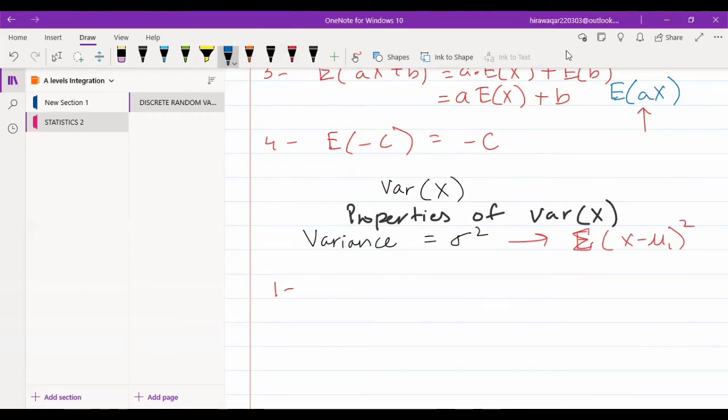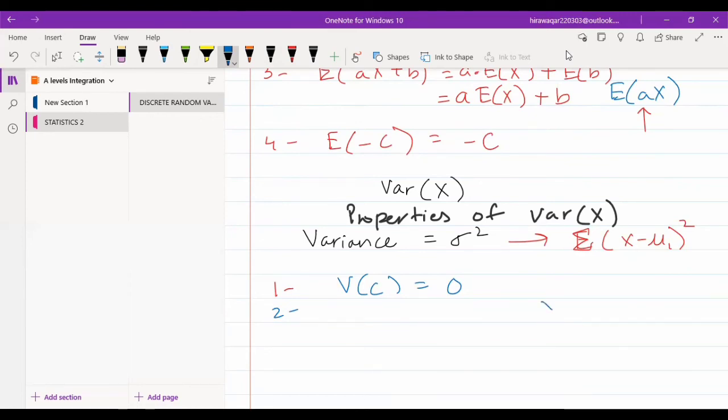The first property is that if you have any constant value in variance, you will get the answer 0. We will prove these properties, but first we are going to write all the properties in one go.